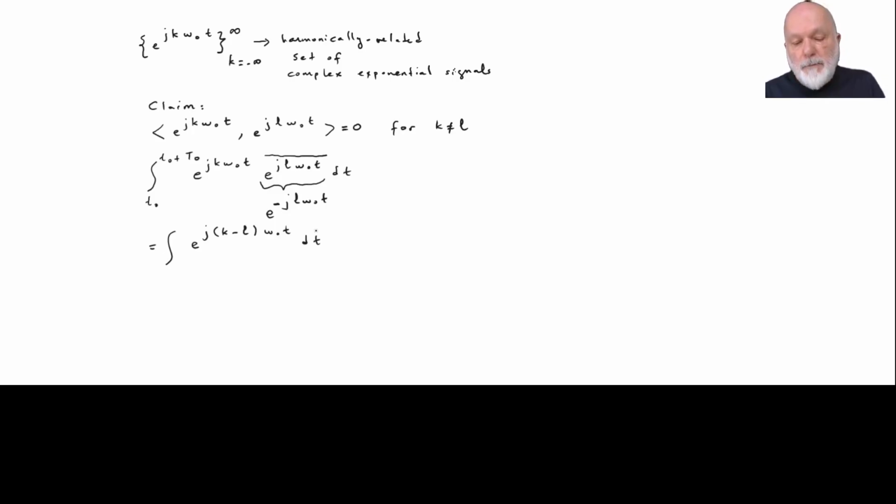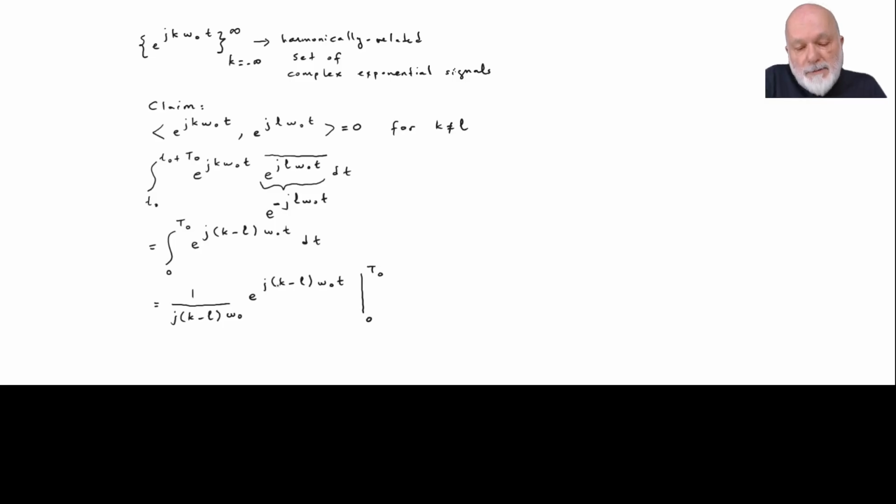Now, remember, I told you already that we are able to choose t0 arbitrarily. So let me choose it as 0, from 0 to capital T0. Therefore, this integral will be 1 over j k minus L omega 0, times e to j k minus L omega 0 t, evaluated at 0 and capital T0.